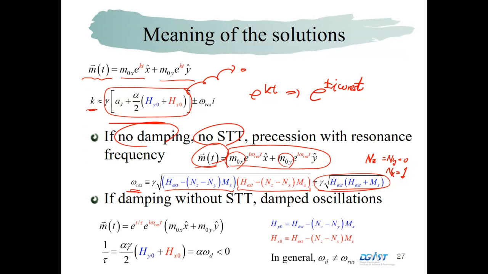That's the resonance frequency of a given sample with the external magnetic field aligned to the z-axis. So that means the magnetic moment along the z-axis is rotating with this amplitude. That means the magnetization vibrates with this resonance frequency.